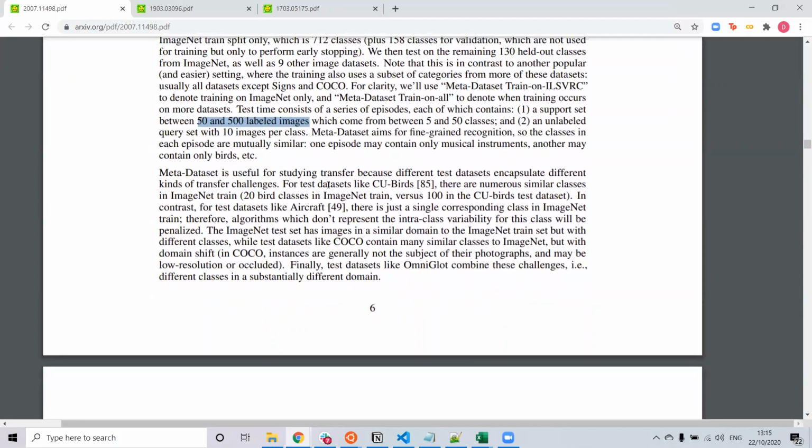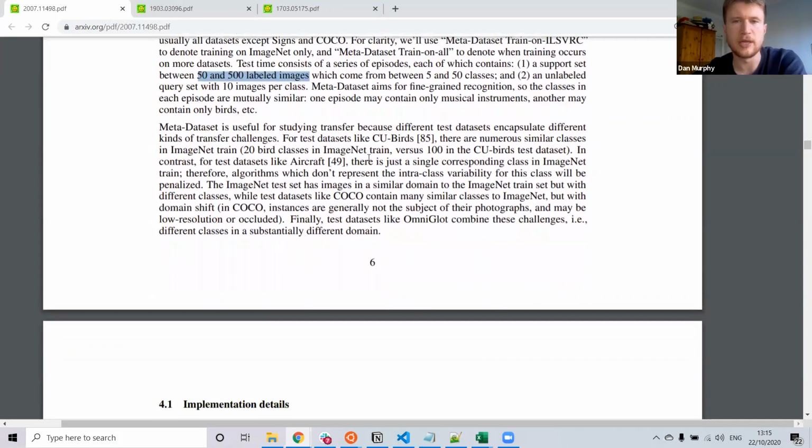And they talk a bit about the sort of foibles between different problems within the set. So they say ImageNet has a fair few classes that represent different birds, and so you stand a better chance of generalizing to a test data set like this birds data set.